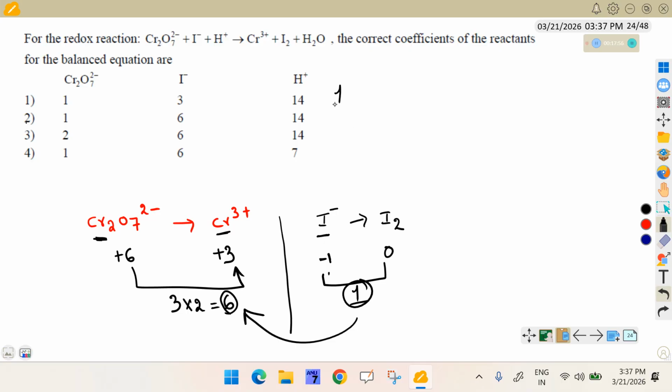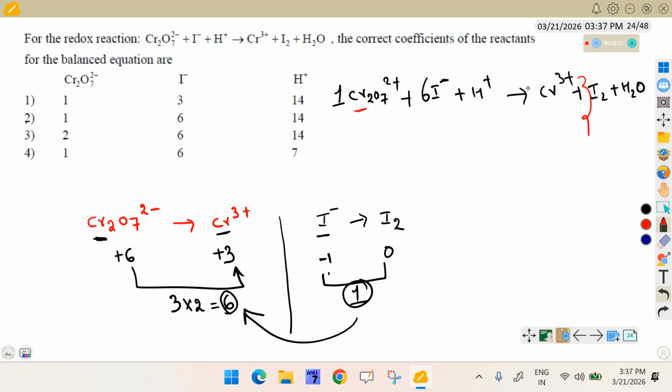1 mole of Cr2O7 2-, 6 moles of I- plus H+ gives rise to Cr3+, I2 plus H2O. Now balancing the reaction. 6 iodines are there, so 3 moles of I2. 2 chromium atoms are present on the left side, so on the right side multiply with 2.